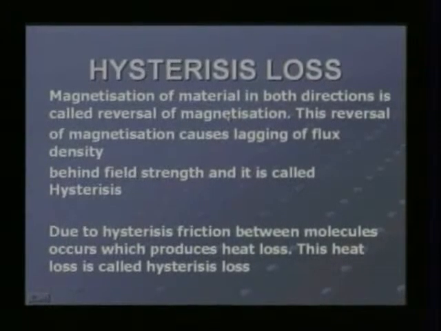In doing so, there is a friction between the molecular magnets. This reversal of magnets causes a lagging of flux density behind field strength, and it is called hysteresis. Due to hysteresis, friction between molecules occurs, which produces heat loss. This heat loss is called hysteresis loss.